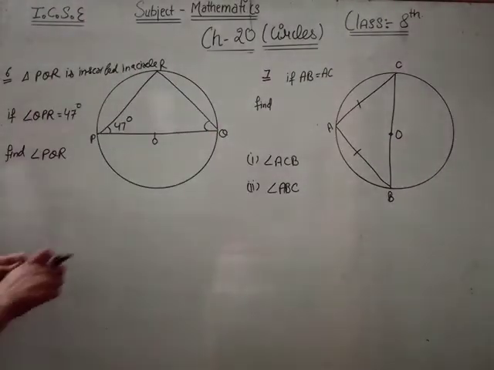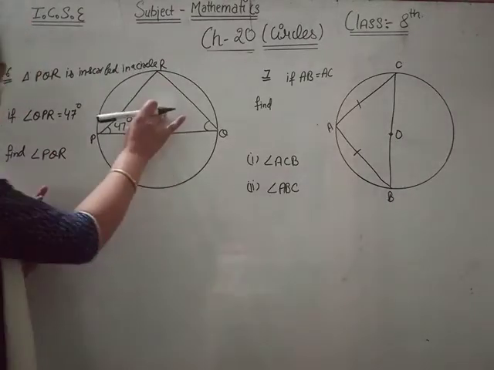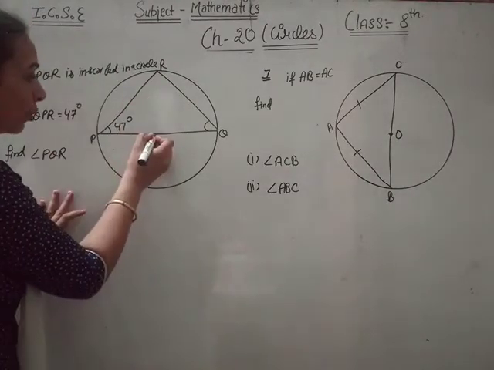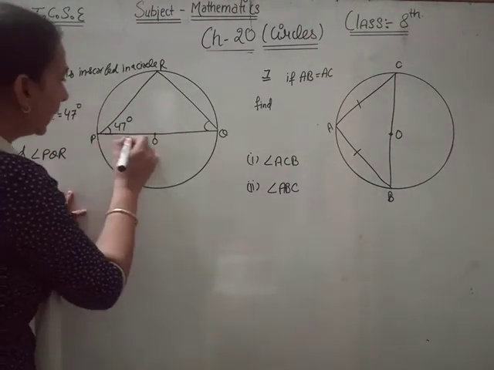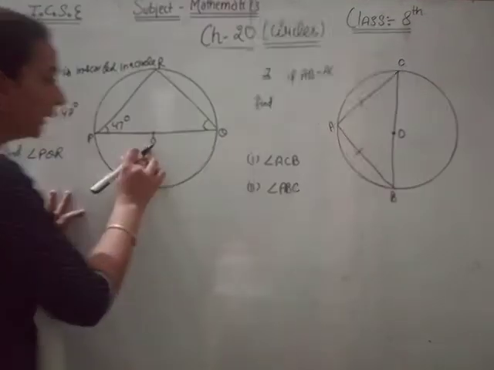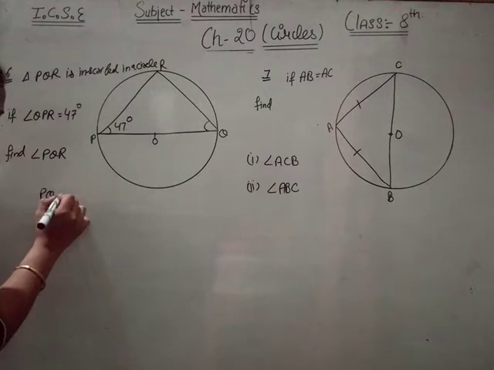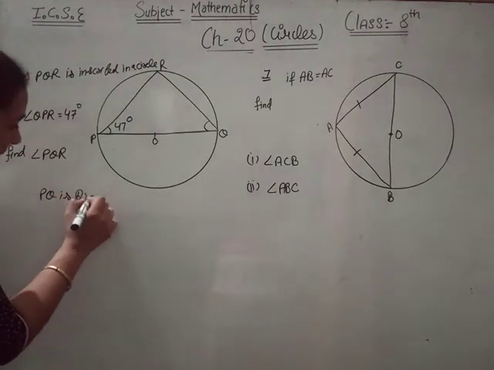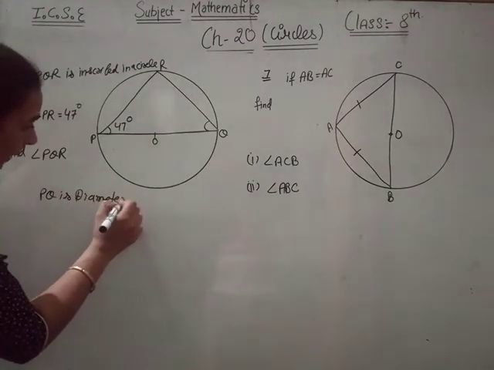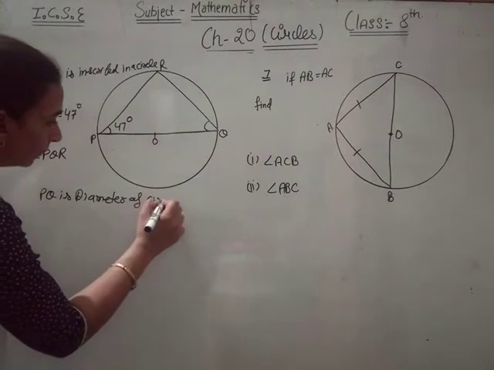Okay. Student, this is a circle and this is a triangle, and this is the center of the circle, and PQ passes through the center, so PQ is a diameter of the circle.